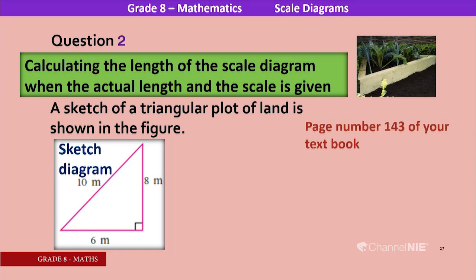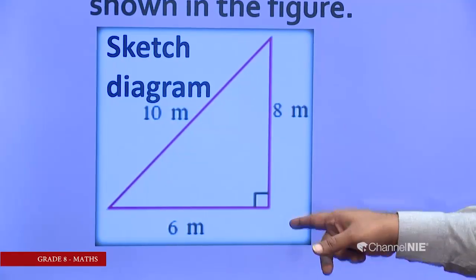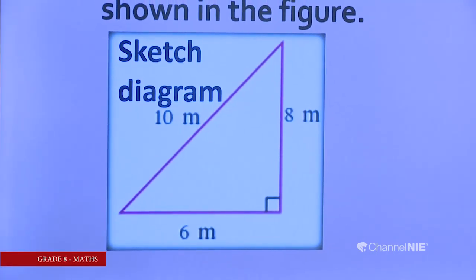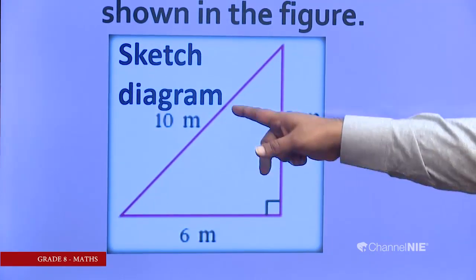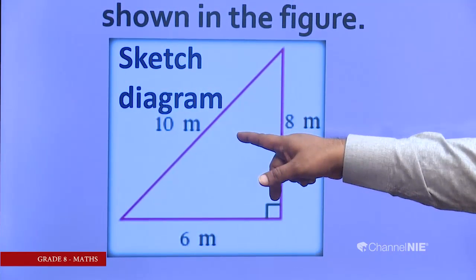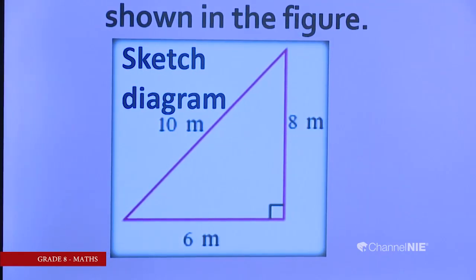Triangular plot of land. You can see measurements. Sides including the right angle, 6 meter, 8 meter. Here you can see the side opposite to 90 degrees, hypotenuse, that is 10 meter.